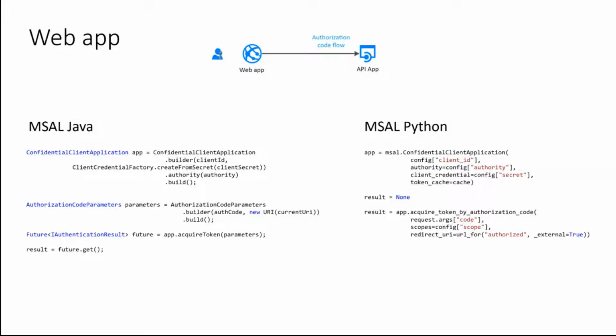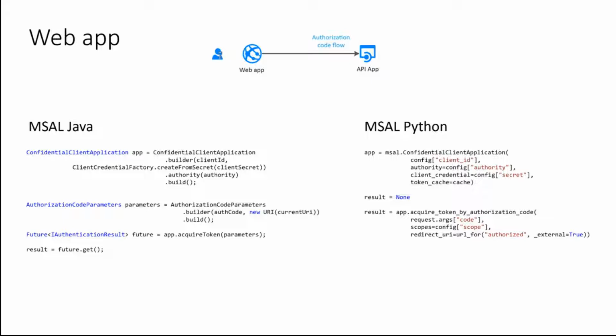So you are optionally able to provide this authority string here. But at the base configuration, you would provide a client ID and a client secret to instantiate the confidential client application. And then you can set up the authorization code parameters for the flow and call the acquire token method.